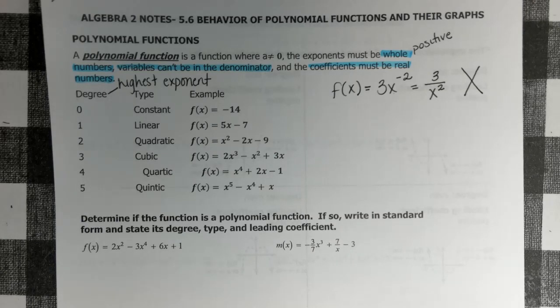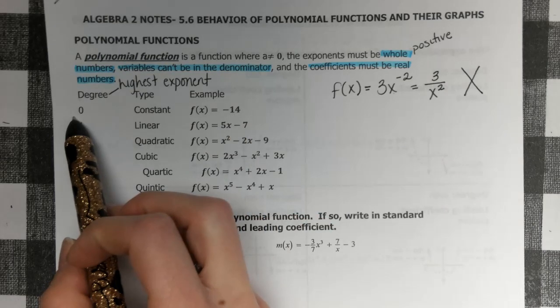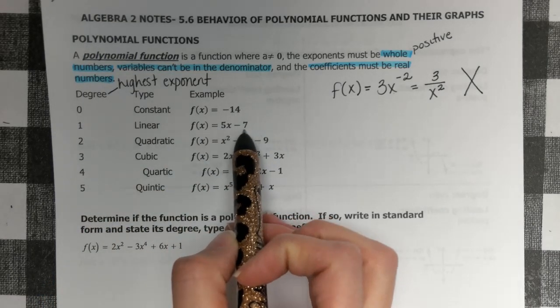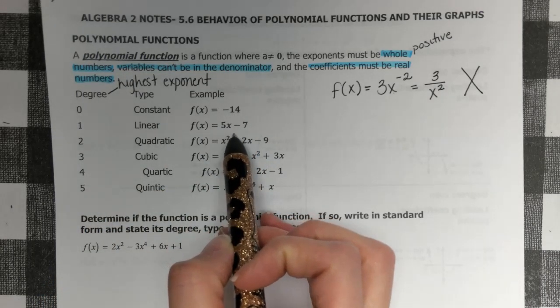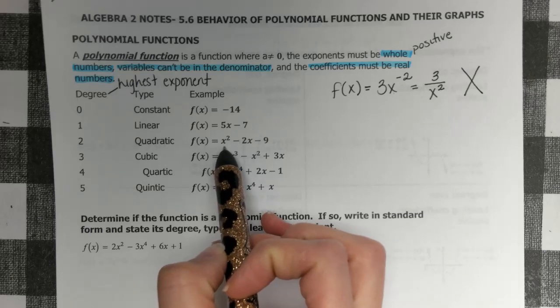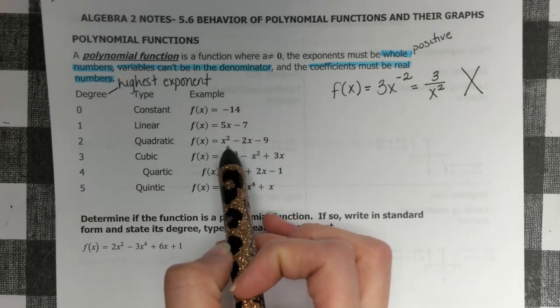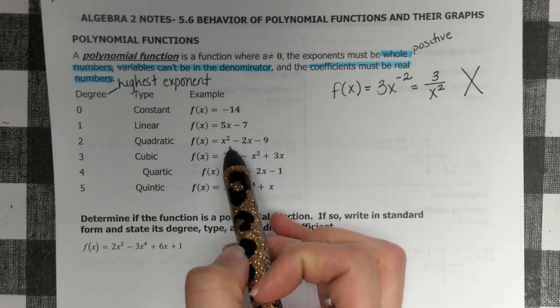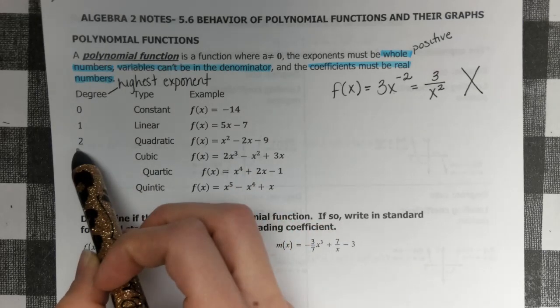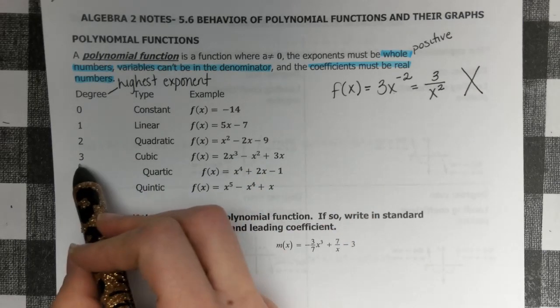Okay? So if I just have a constant, that's a 0 degree. If I have 5x minus 7, that's linear, that's a first degree. If I have an x squared and everything else is lower than that, that's quadratic. Y'all should be familiar with those. That's x squared, second degree. Cubic would be a third degree.